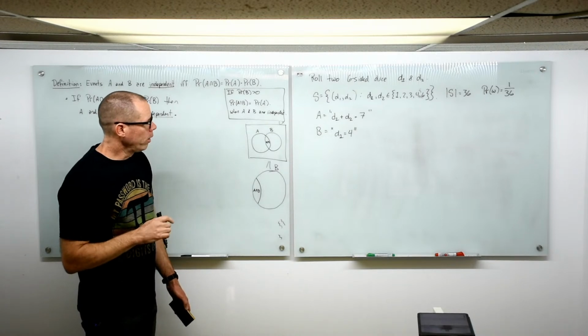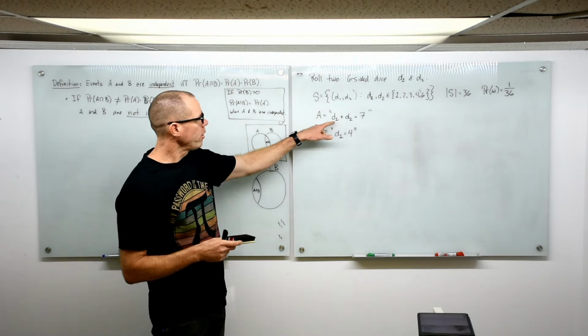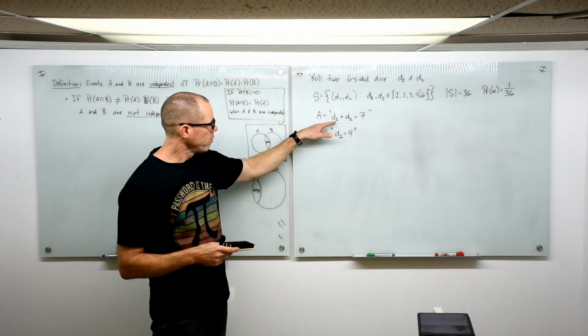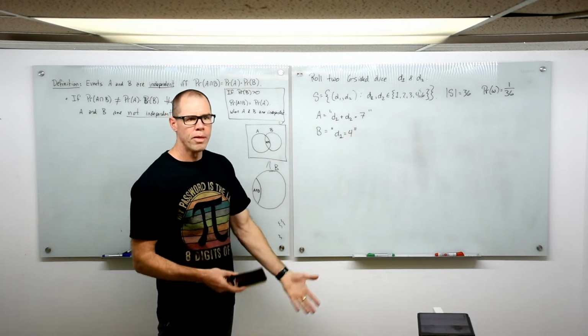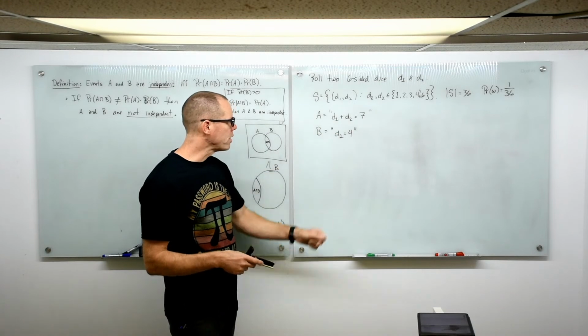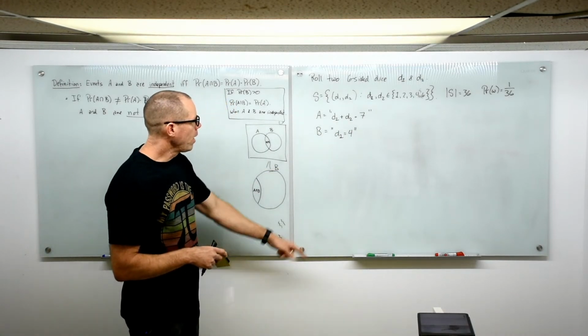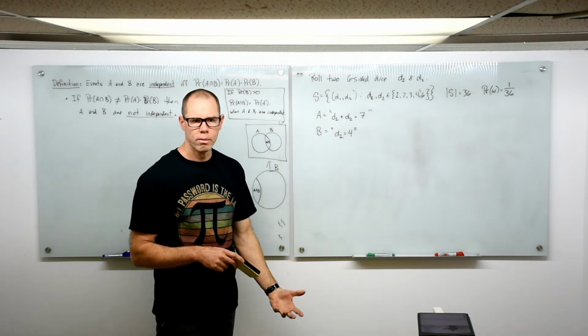So now we have an event A which depends on the value of the first die and the value of the second die. So whether or not this event happens requires knowing the value of both of these dice. And we have an event B which is entirely determined by the first of these dice.